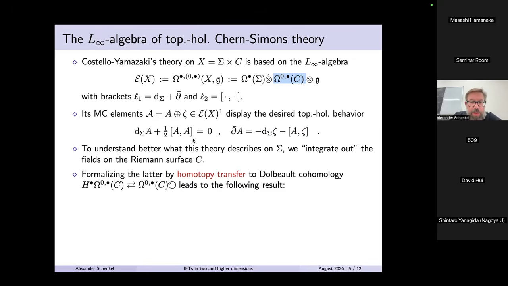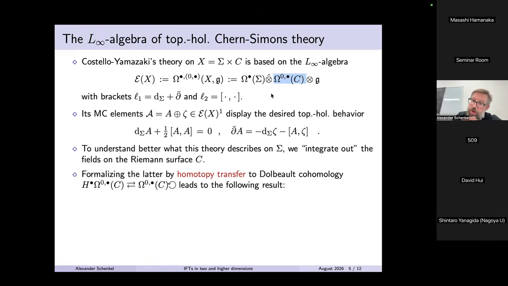Now, there is a bit of a detail I want to say a few words about. So here, this is just one of the components of this complex. So you see that the field complex here has a bigrading. You have a grading along the form degree along sigma, and the grading by the form degree along C. So these deformation retracts I'm speaking about here, they give deformation retracts on this bicomplex.